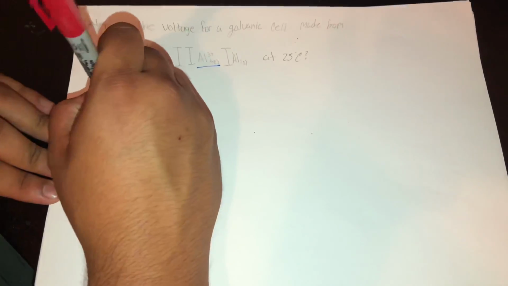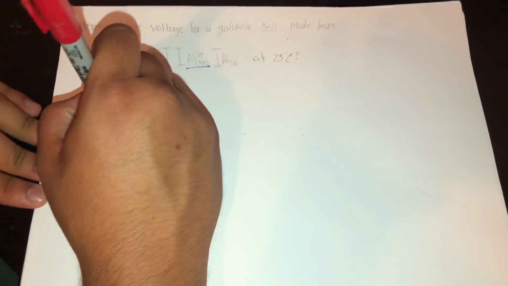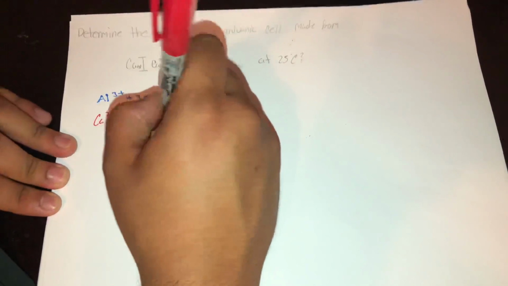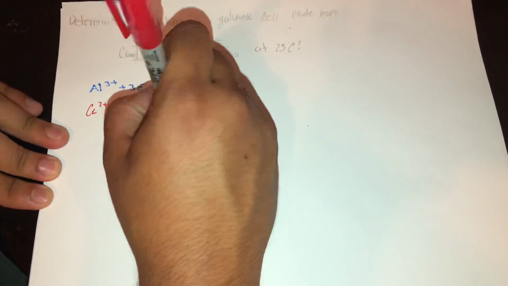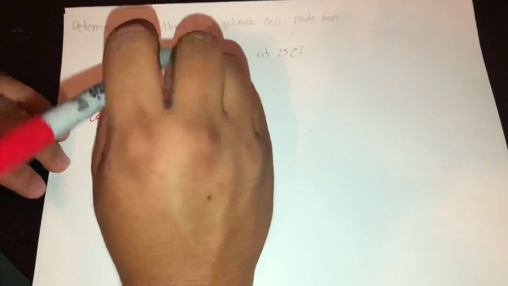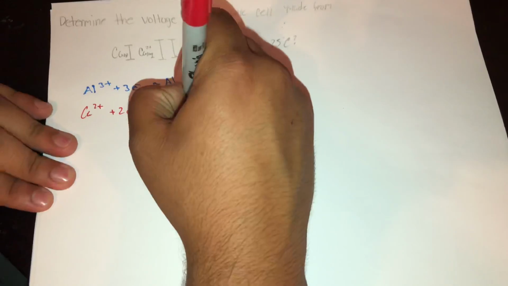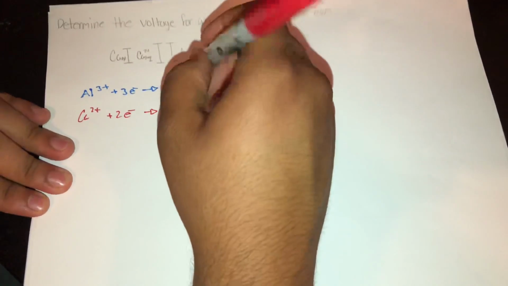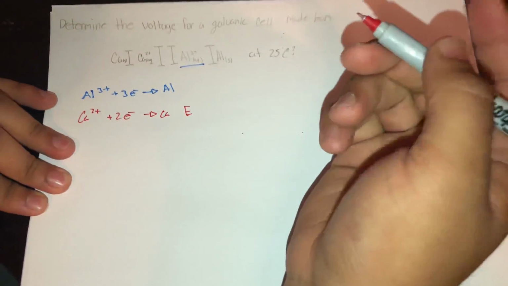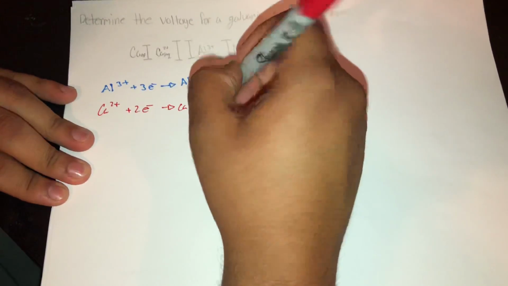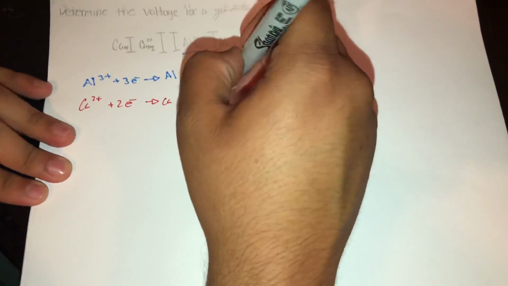Ca2+ plus 2 electrons. When you have one of these questions, the half reactions should always be given to you, but you have to know how to move them around so you get the correct half reaction.